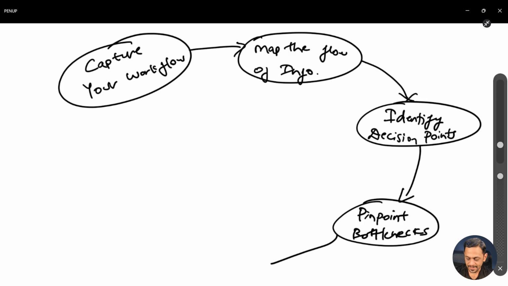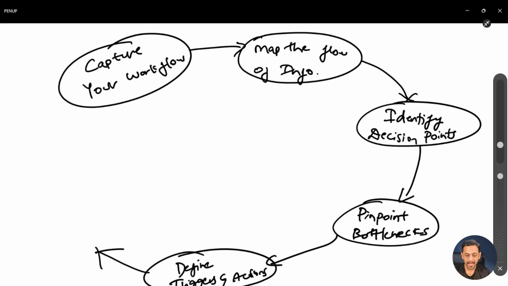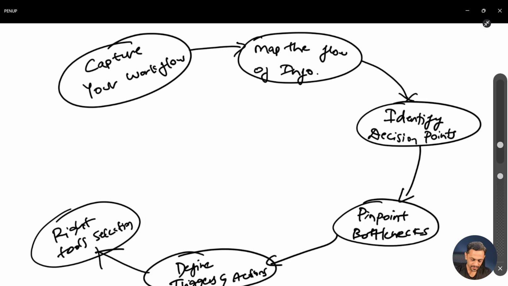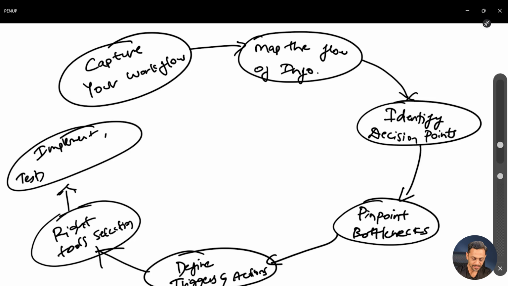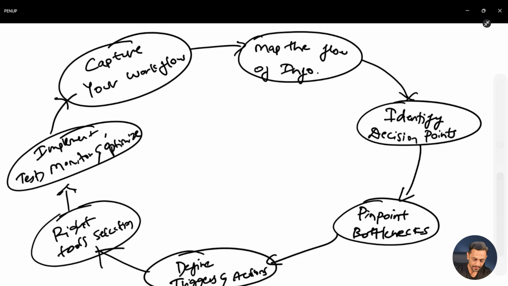The fifth step is going to be define triggers and actions. The sixth step is going to be select the right tools. Excuse my handwriting. The 7th step is going to be implement, test, monitor, and optimize. And this becomes a cyclic process.